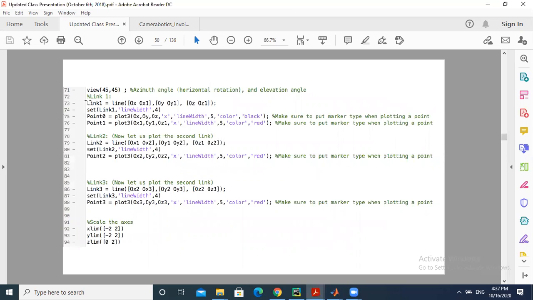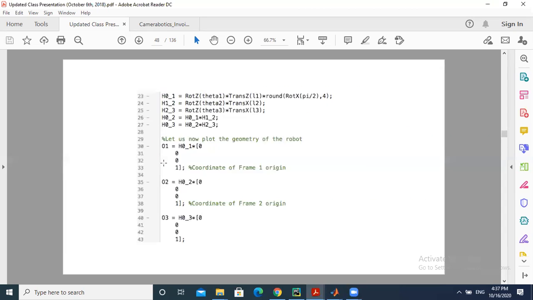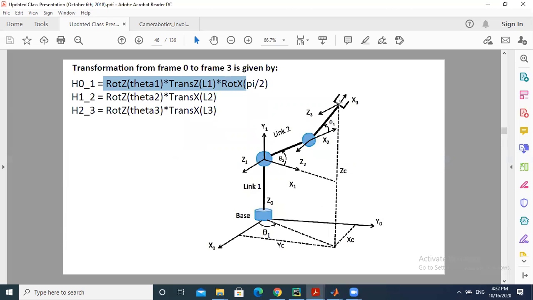We said last time we can plot the links based on the line function in MATLAB, and then plot the various points. By doing so, we can plot and animate the robot and visualize how it is moving. We can simulate the robot moving along a straight line, in the X direction, Y direction, or along any line, because now you have the inverse kinematics model working.